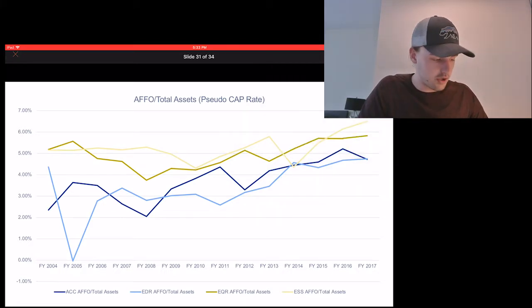So this graph shows AFFO divided by total assets. Assets are calculated on a year-end number and not averaged over the period. I've chosen to do this because either way, the analysis is inaccurate as to the asset levels. As I explained earlier, the buildings and property, the real estate itself, is acquired on an ongoing basis.